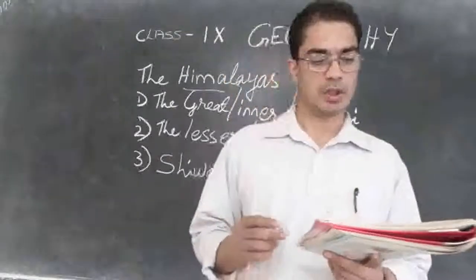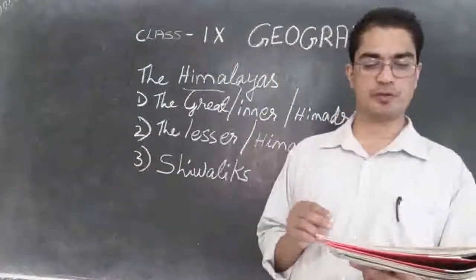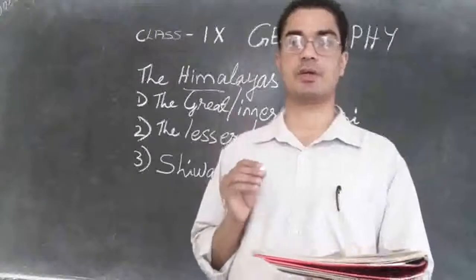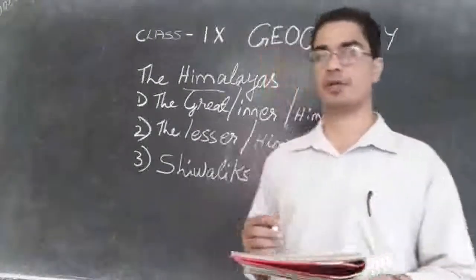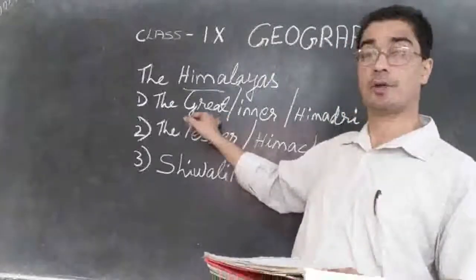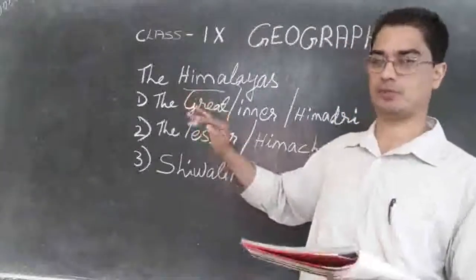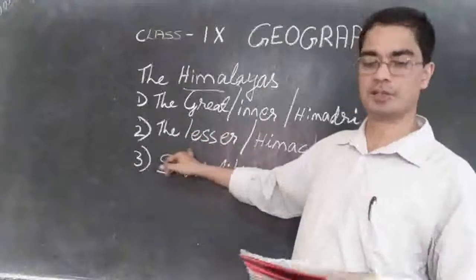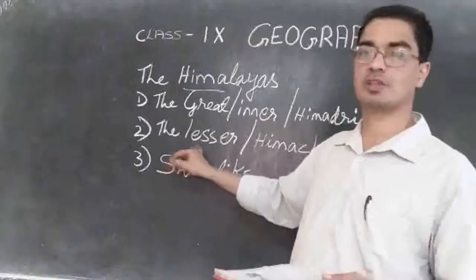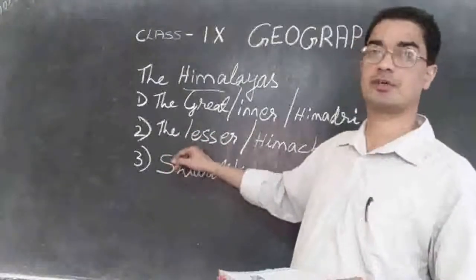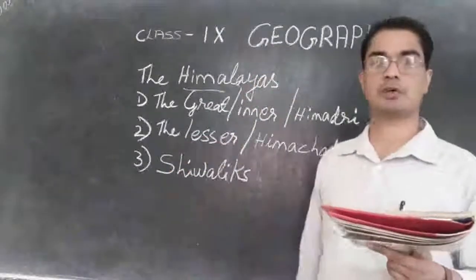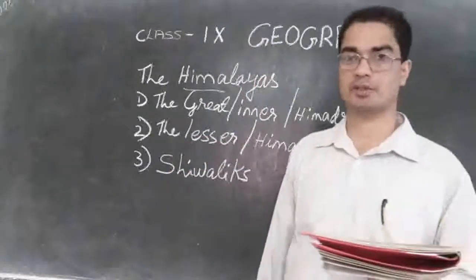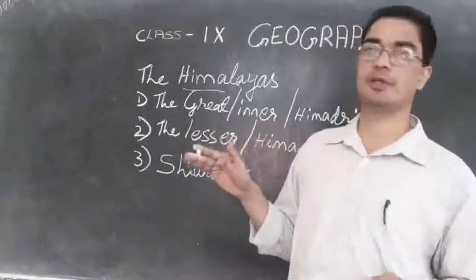Then the altitude varies between 3,700 to 4,500 meters. In the first range we said the average height is 6,000. So here the lowest one is 3,700 and the highest will be 4,500 meters. All the other peaks will be in between this.